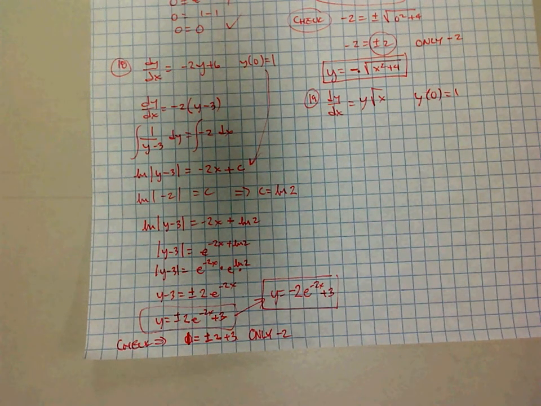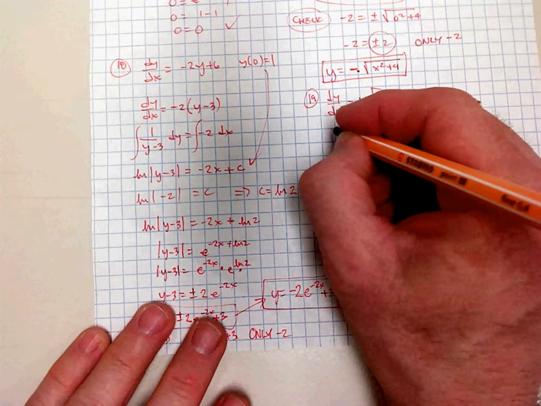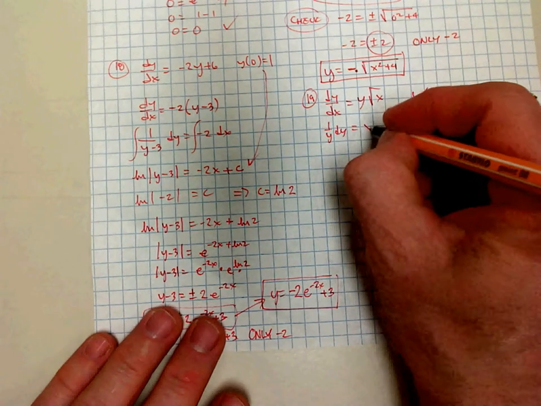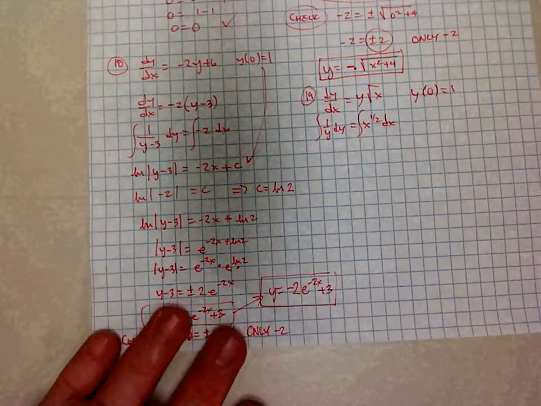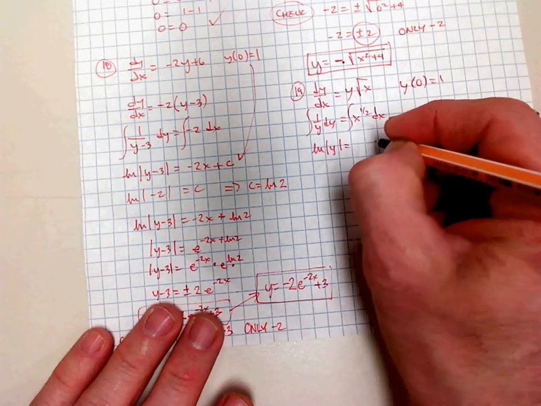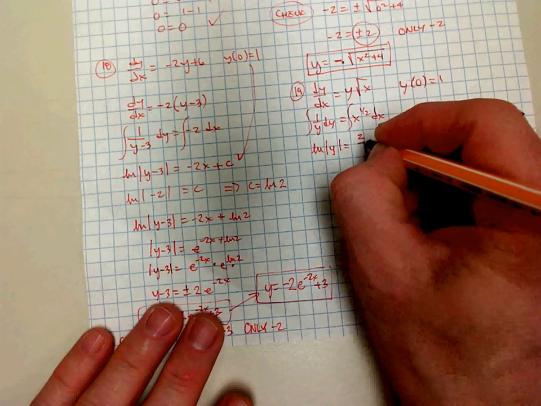This will be 1 over y dy equals x to the 1/2 dx. Let's get some integrating going on here. The natural log of the absolute value of y will equal, add 1 to get 3/2, multiply by the reciprocal, 2/3 x to the 3/2, plus our buddy c.